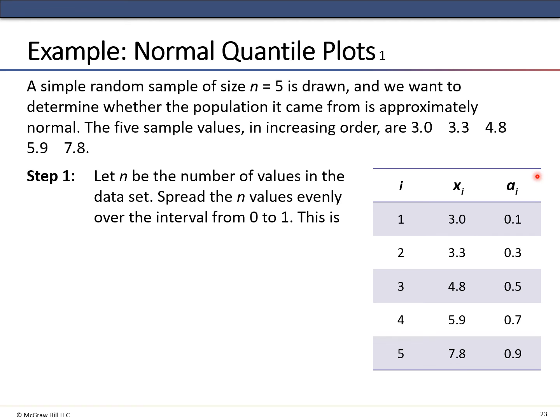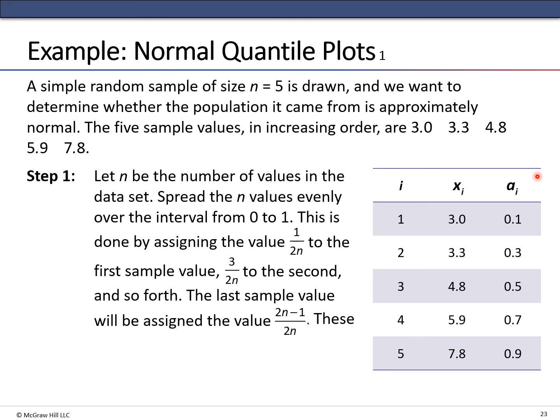Since we want to spread these values out evenly, we create an assigned value by multiplying 1 over 2n for the first sample, 3 over 2n for the second, and so forth. The last sample will be (2n minus 1) over 2n. And really this formula works for any i.